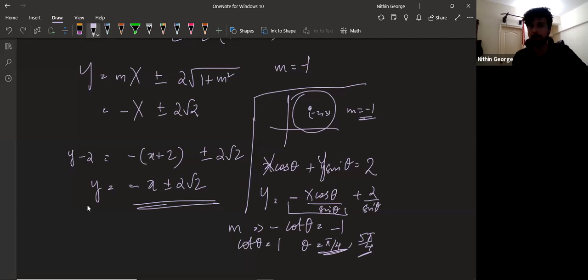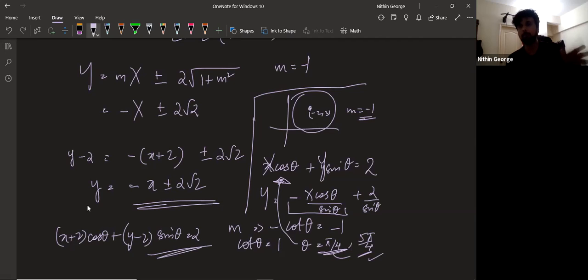Okay, all right. So substitute theta equal to pi by 4, 5 pi by 4 into this equation. So this equation becomes (x plus 2) into cos theta plus (y minus 2) into sin theta equal to 2. Substitute these two values of theta to get both the tangents.